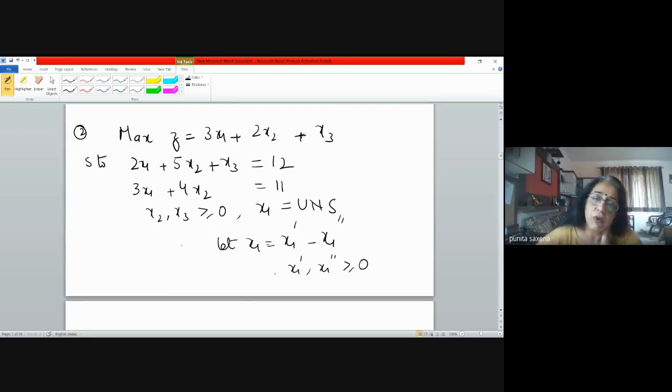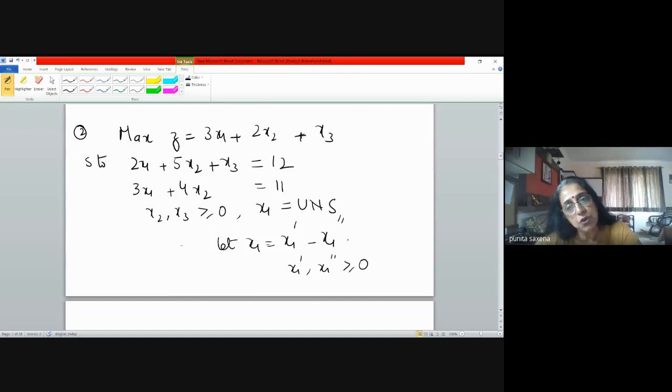See, what will happen is that when we solve this problem, we don't know what x1 is, but it is unrestricted in sign. If the optimal value of the objective function is going to be obtained with a positive value of x1, you will observe that x1 double dash will be a non-basic variable.